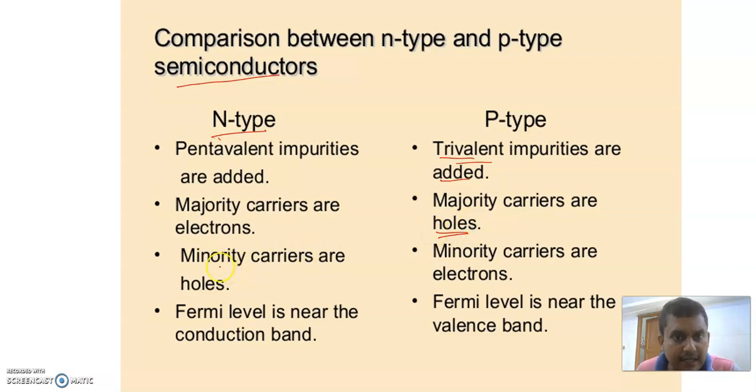In n-type, the minority charge carriers are holes, and in p-type, the minority charge carriers are electrons. In n-type, the Fermi level lies near the conduction band, and in p-type, the Fermi level lies near the valence band.